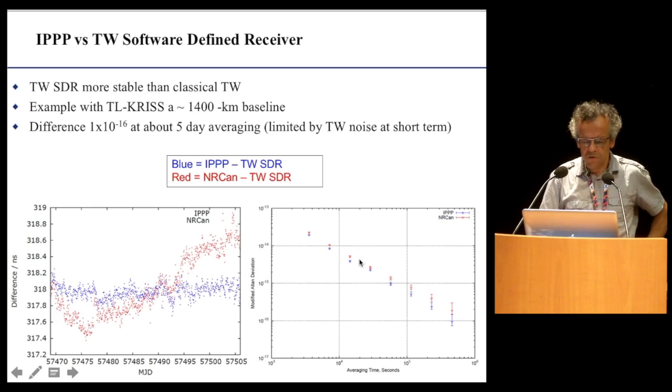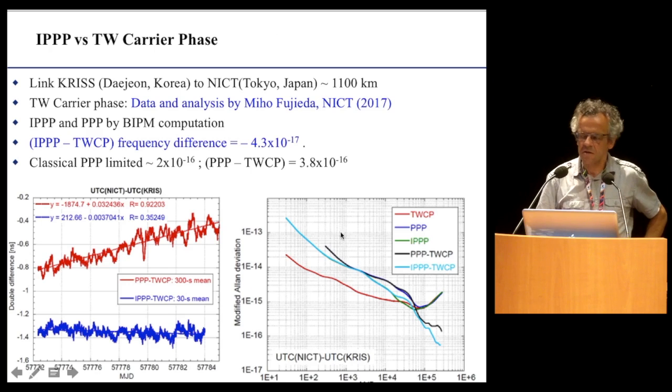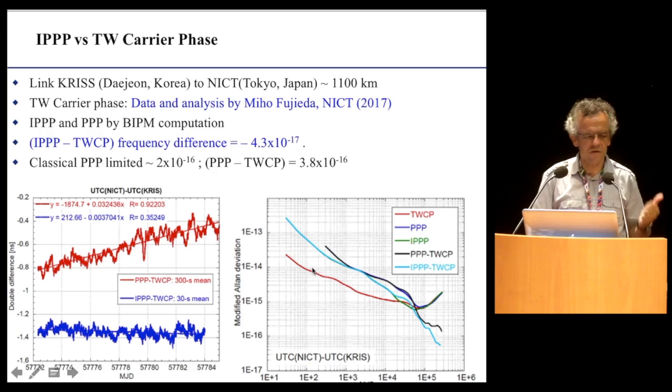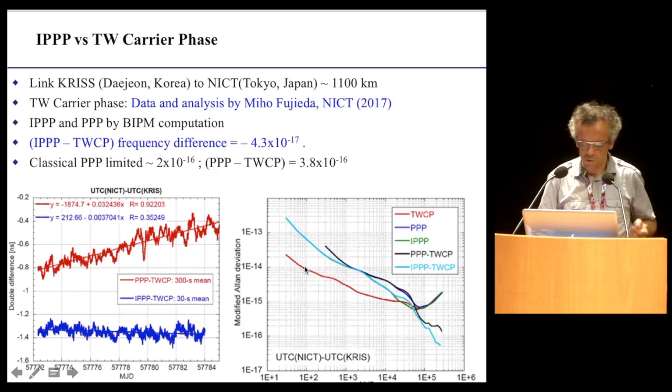But two-way can also use a carrier phase, and in that case, the carrier phase from two-way is much more accurate at short term because it's higher frequency, it's free from tropospheric problems and free from multipath because it's a directive technique. So the two-way carrier phase at short term is much better than what we can do with GPS.